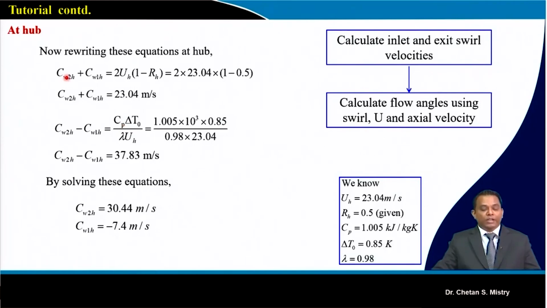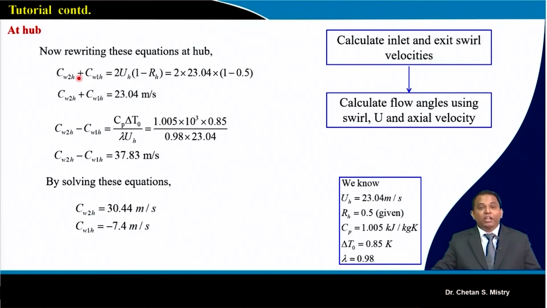Okay. So it says if we are assuming say our degree of reaction to be 0.5, that's what is given to you. Say at mid station, or say this is what is at the hub station, it is given, say it is 0.5. Because it's a constant reaction design, it says my degree of reaction to be 0.5. So you can understand at hub my degree of reaction is 0.5.